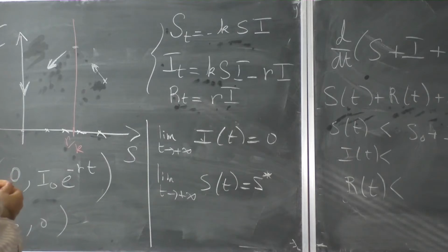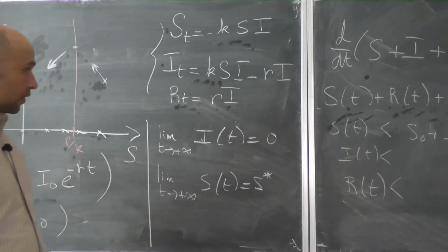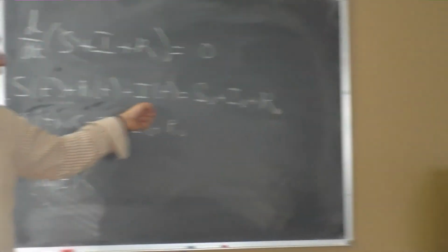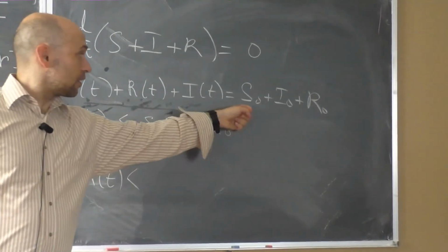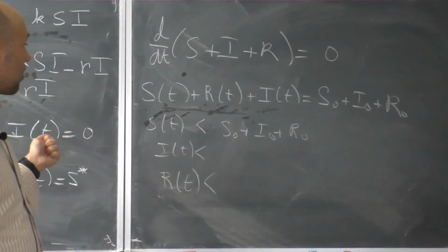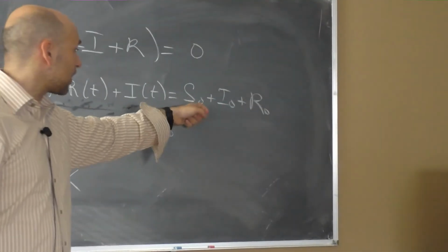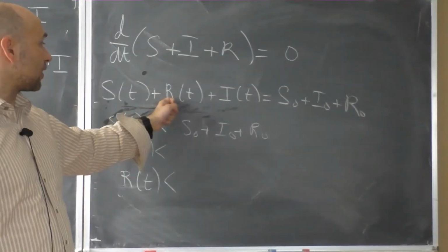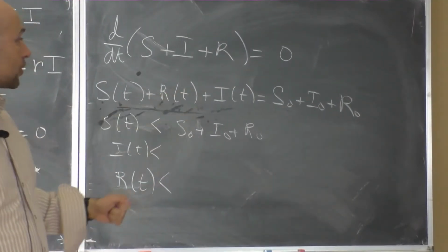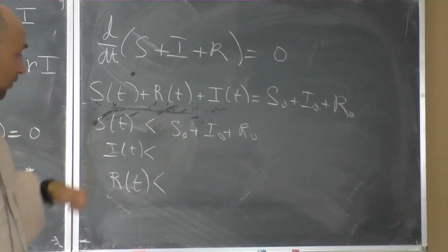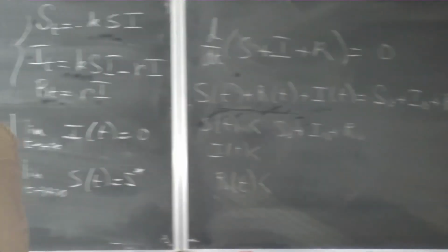Okay. And then now I go back to this equality. So now I take the limit. So I can put S and I on the other side. I take the limit and I get that R of t is converging to S0 plus I0 plus R0 minus S star. So, sorry.